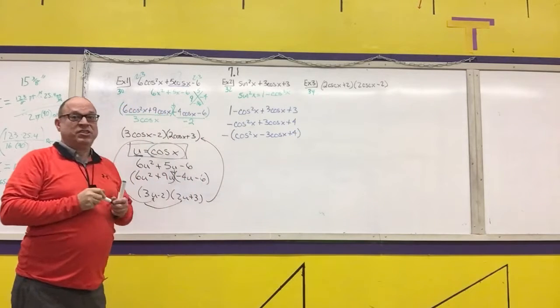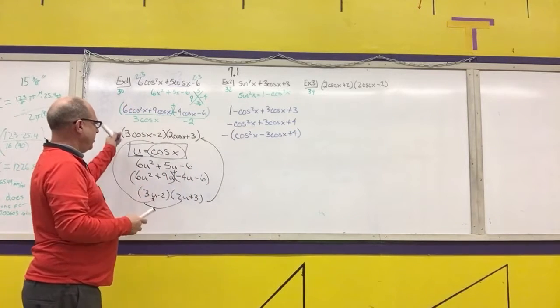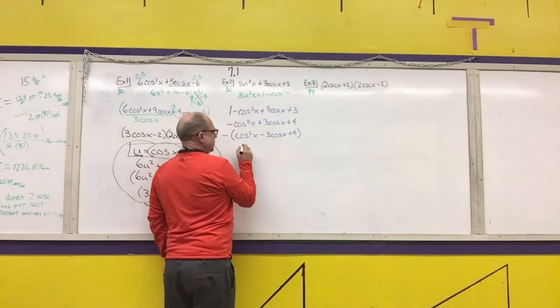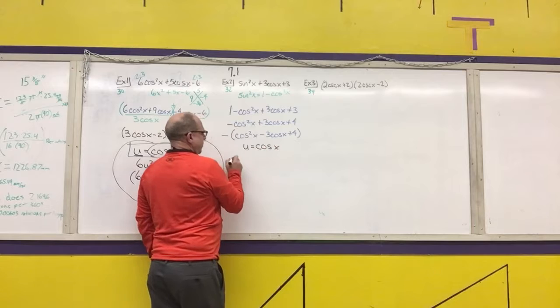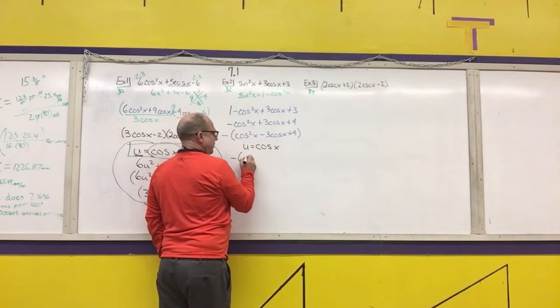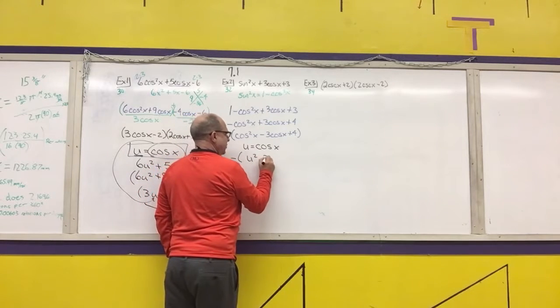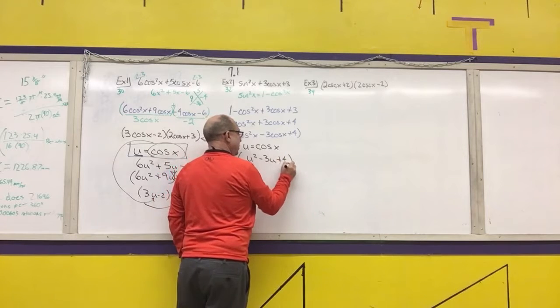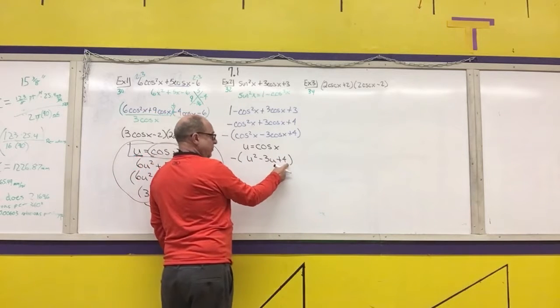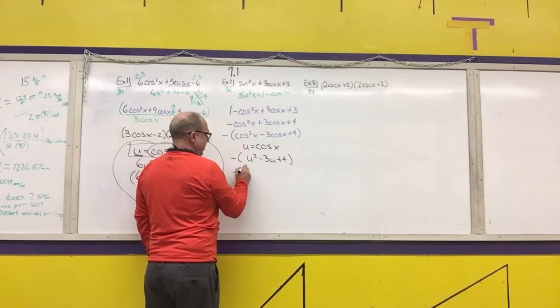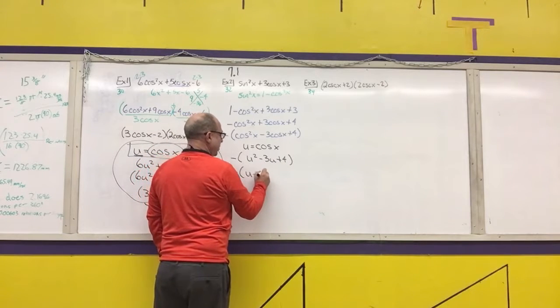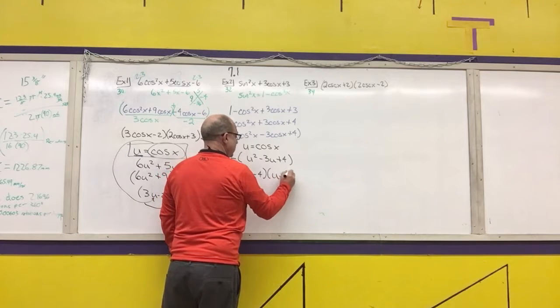I am now going to do a u substitution just to show you another u substitution. I'm going to say u is cosine x. So I now have the following problem to factor. U squared minus 3u plus 4. Two numbers that multiply to 4 that add to negative 3. That would be negative 4 and a positive 1. So I get minus u minus 4 times u plus 1.